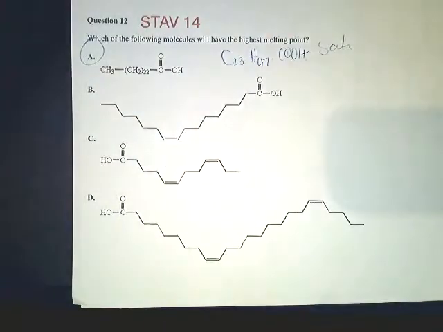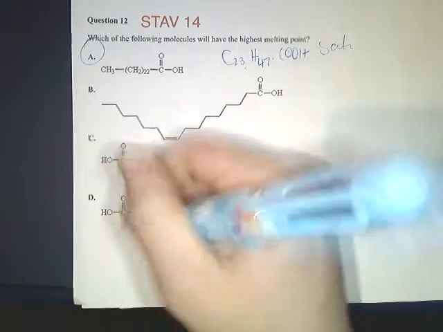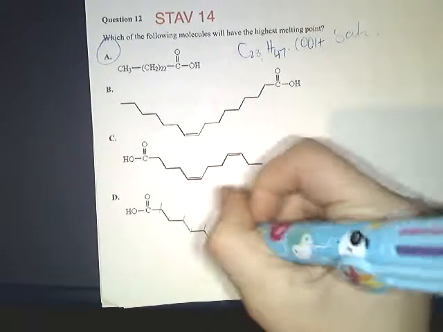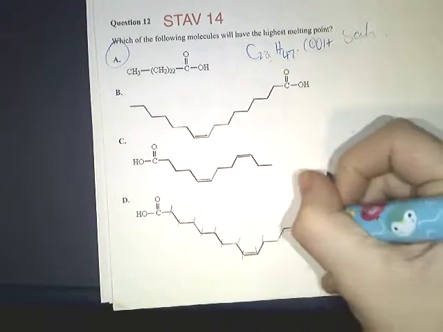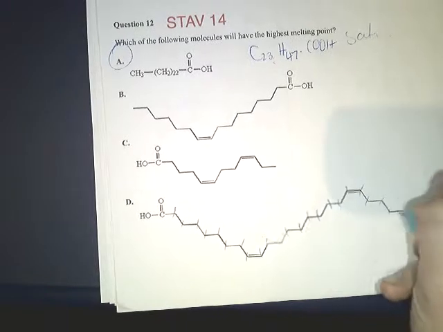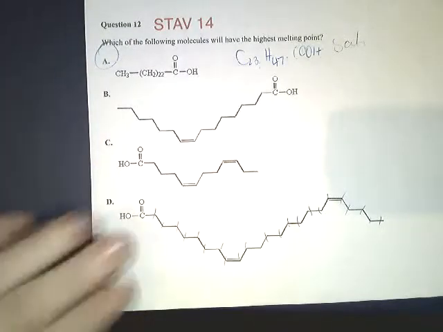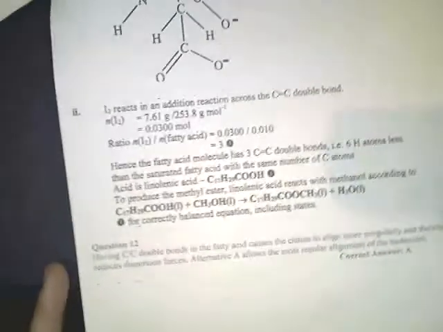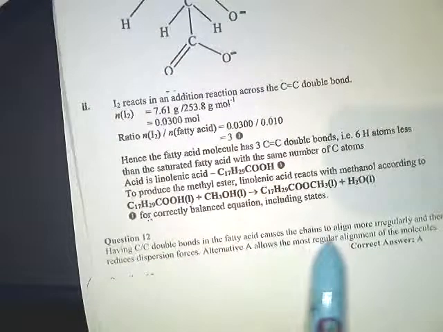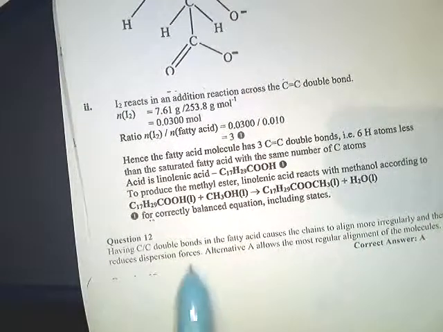So this should have the highest melting temperature, because even if you count the number of C's to see if dispersion forces will be higher, it's 22, so it's got relatively the same number of C's. So if you just have a look at what they have, the correct answer is A. Having carbon-to-carbon double bonds causes a chain to align more irregularly and therefore reduces dispersion forces.